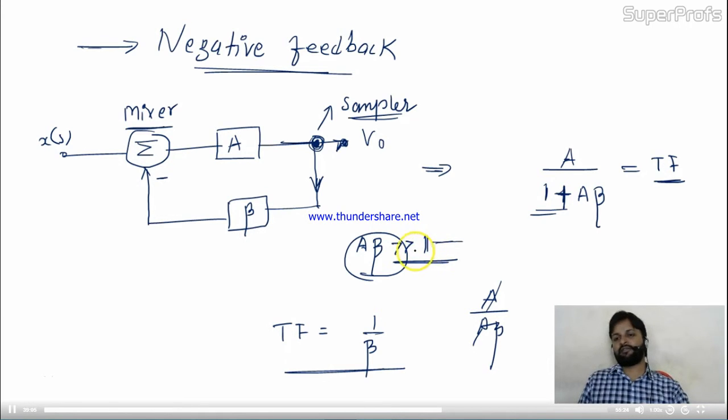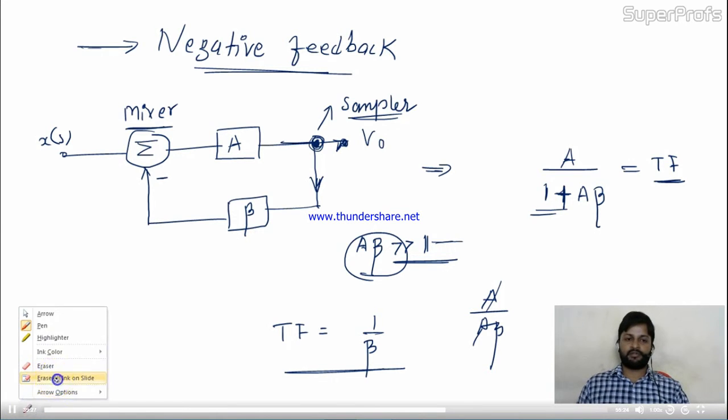Now, in negative feedback, last time we saw some topologies, some circuits: voltage control voltage source, current control current source, current control voltage source, like this. Four types of parameters we have seen. So we'll discuss all of them here also.